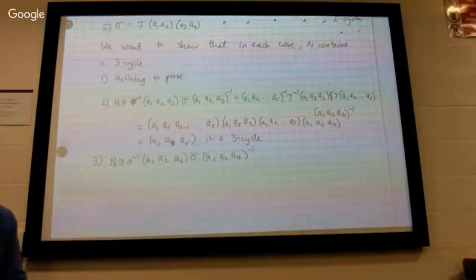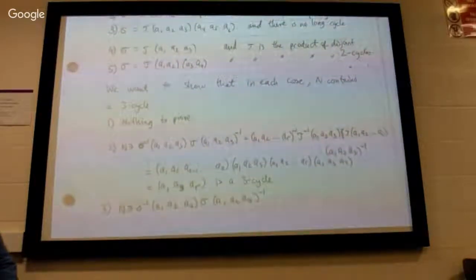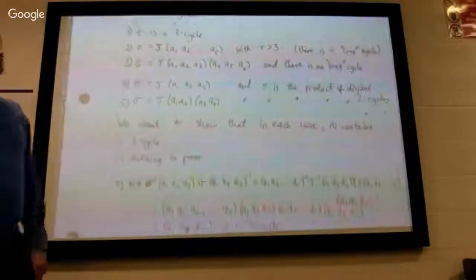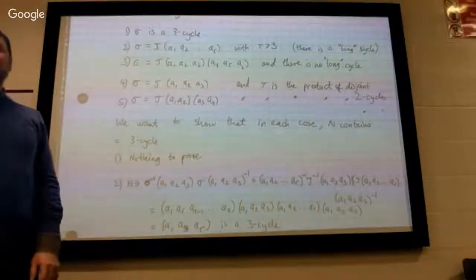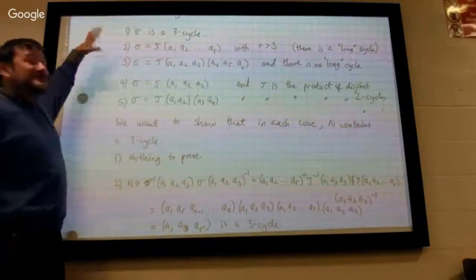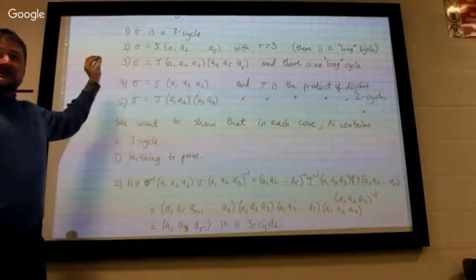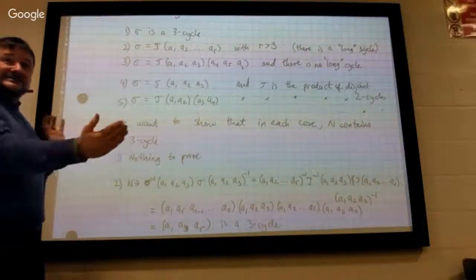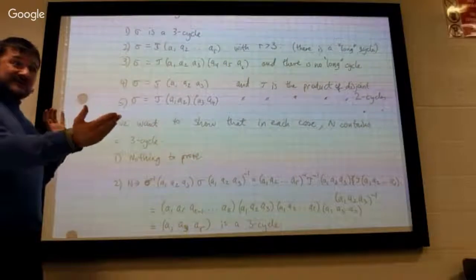Yes, Jordan? Where does A4 come from, in case 3? A1, A2, A3, A4, A5, A6. So that's where it's come from. It's just in there. Okay, if you have sigma, any element in AN, actually any permutation, write it as the product of disjoint cycles.